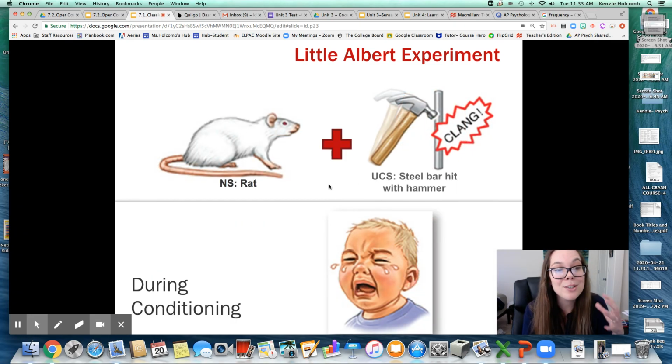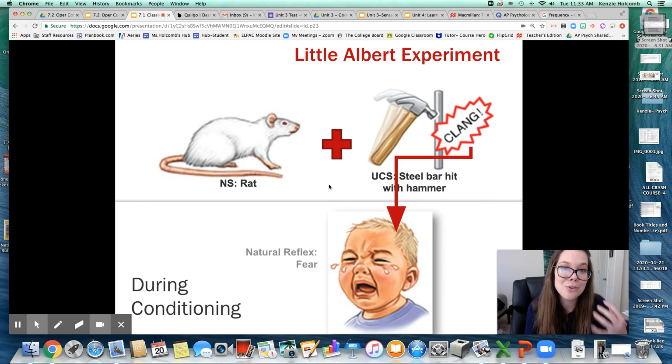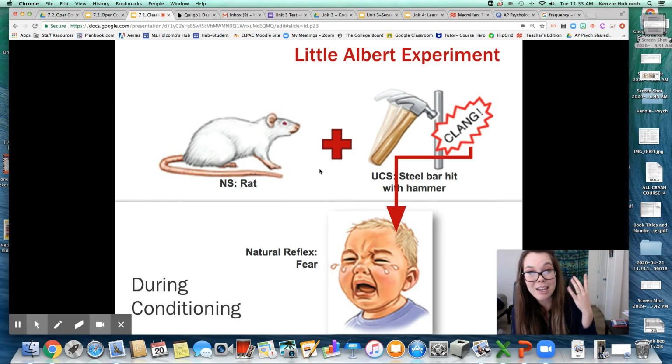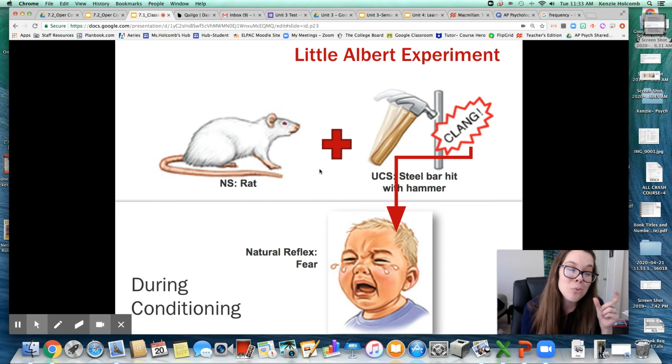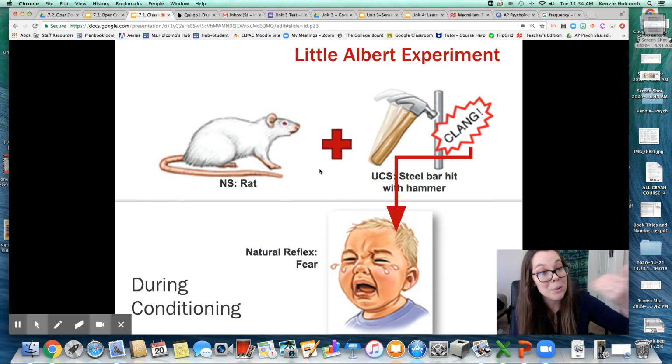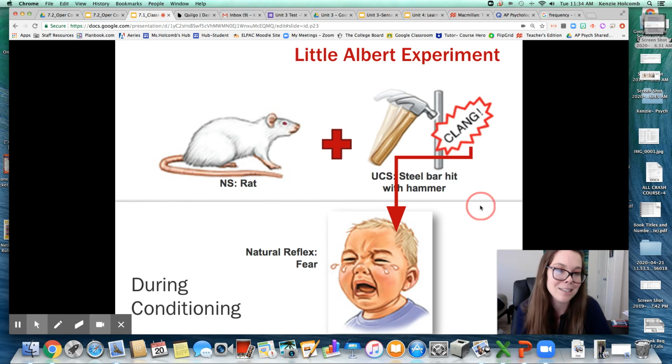When we started to connect the neutral stimulus with the unconditioned stimulus of hitting a steel bar, Little Albert started to associate the loud clanging of the bar with the rat's presence, and that would start to elicit fear. So now, with the rat and the clanging together, Albert is getting fearful, and this is during conditioning. And remember, this is going to be repeated over and over again, and let's see what the results are.